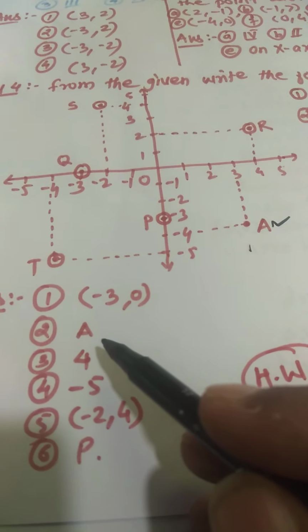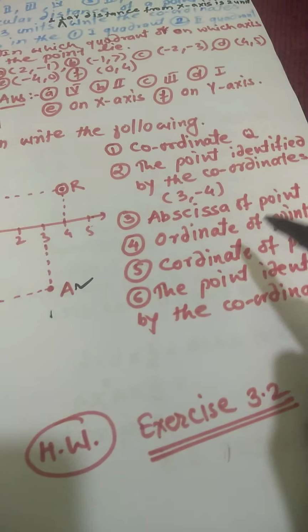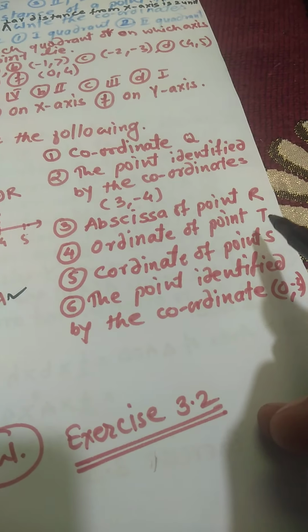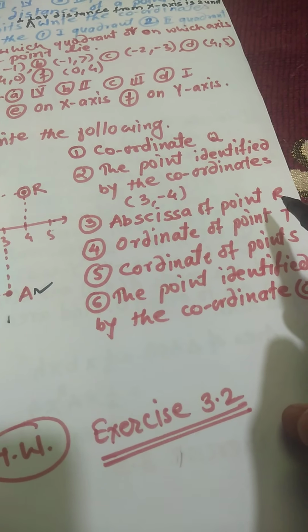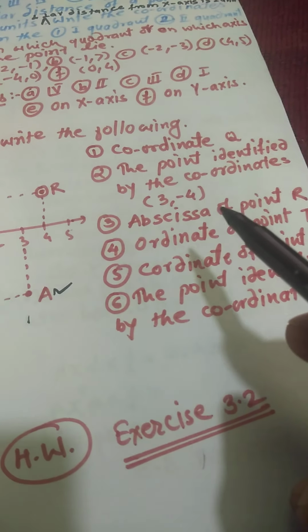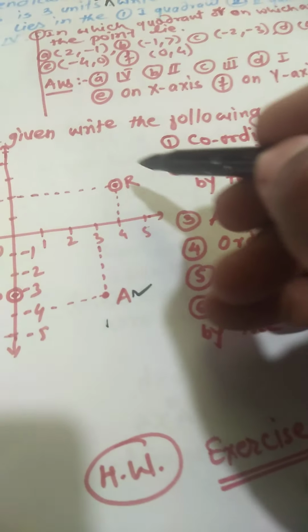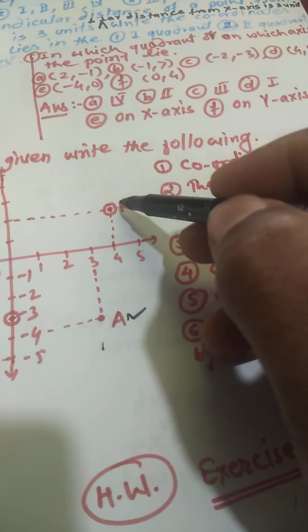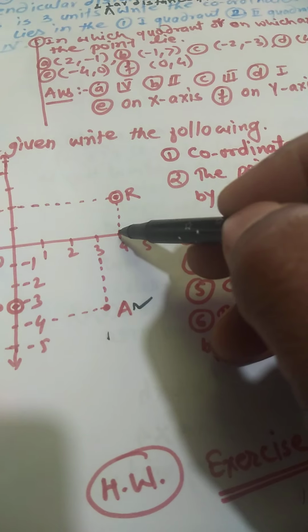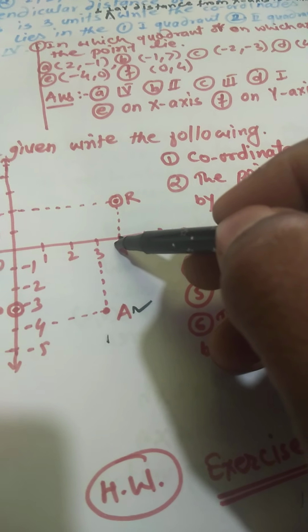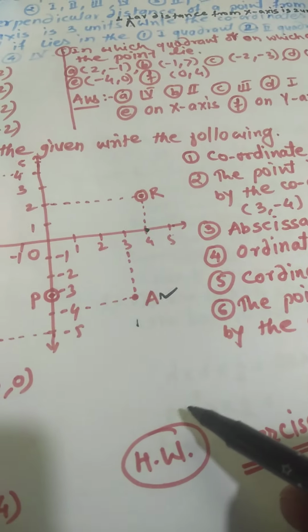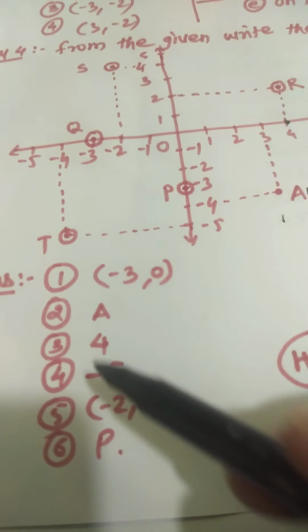Clear, students? Understood? Now next, abscissa of point R. Abscissa means x coordinate. So where is R? Here. So x coordinate means which one? On the x-axis. So which number is representing? 4. So abscissa is 4.